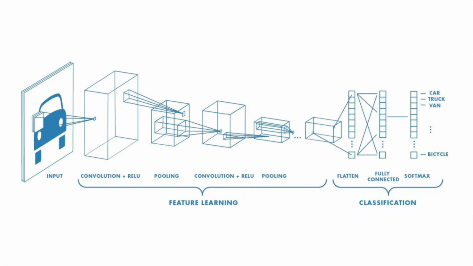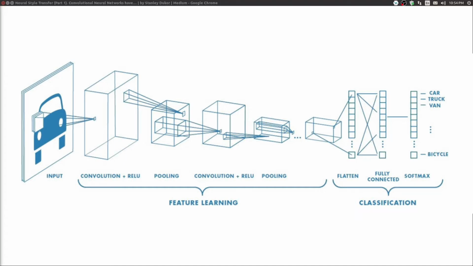But the question is, how do I find the correlation between these features? And the answer is the Gram matrix. Here, the Gram matrix is used to determine if two matrices, in this case filters, are correlated. It is achieved by calculating the dot product of the vectors of the two filters, and the matrix obtained from the dot products of the vectors is our Gram matrix. If the dot product across two filters is large, then the two are said to be correlated, and if it is small, then they are uncorrelated, just as we talked about previously.